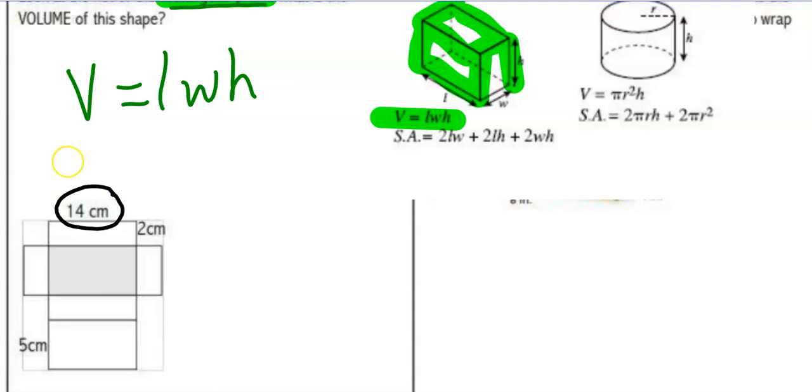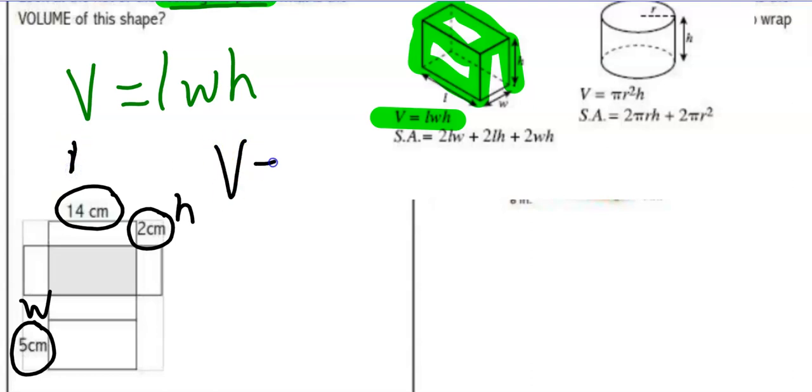The 14 we're going to say is the length. The 5 we're going to say is the width. And then the 2 is going to be the height. Now that could vary depending on how you end up folding the box, so depending on which base you use as a base. But we just need the 3 numbers. So we're going to go ahead and plug them into our formula. Volume equals length times width times height.